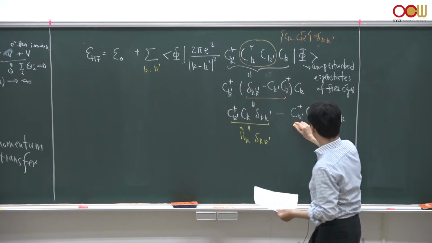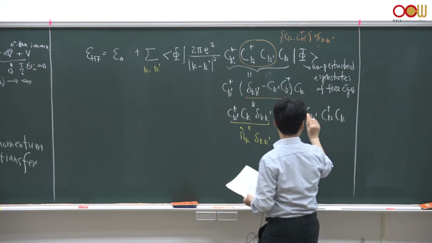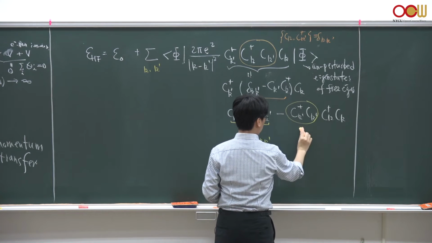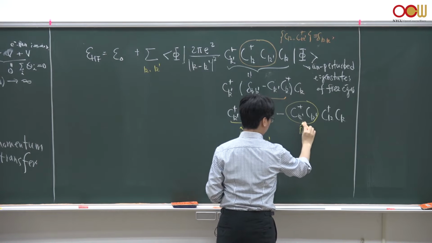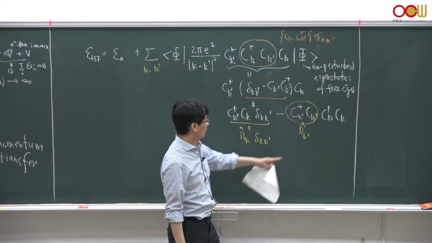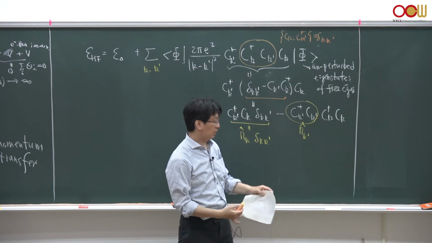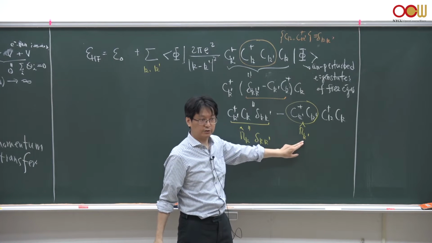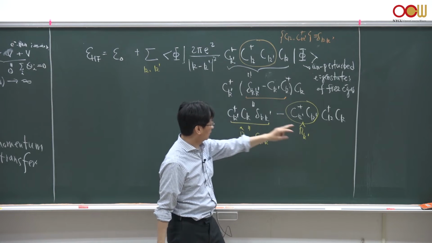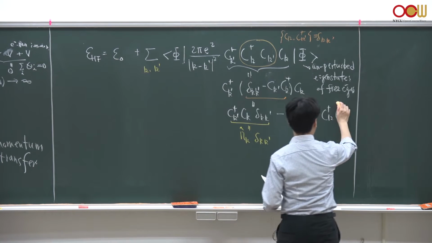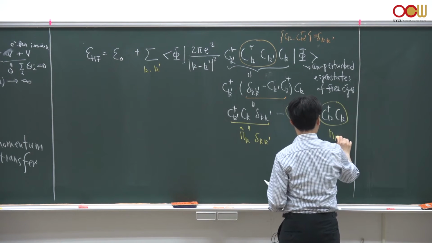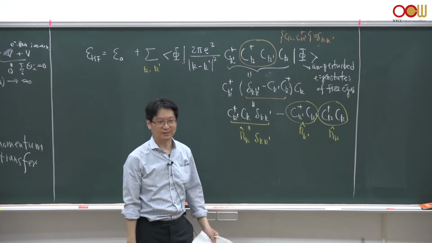Okay, so what about the second term? Well, the second term is really simple because remember this is just n_K' carrying a hat, which is a number operator of the electron, where the electron is in the K prime state. What about the other two? Well, this is simple, right?